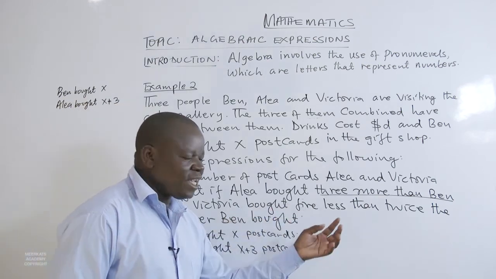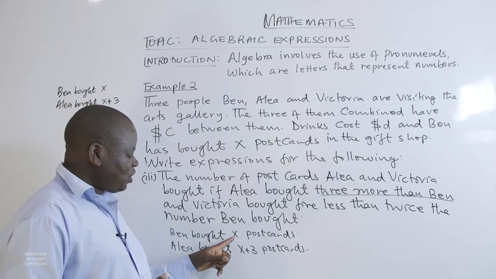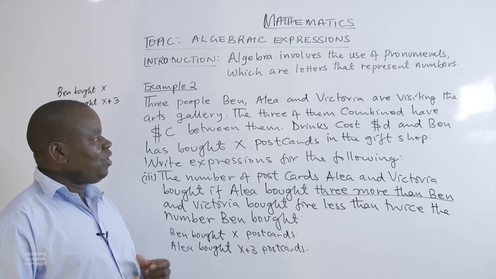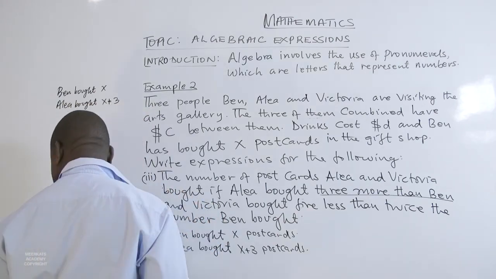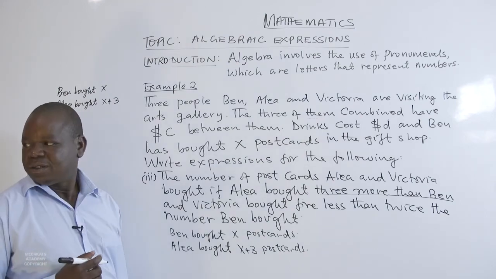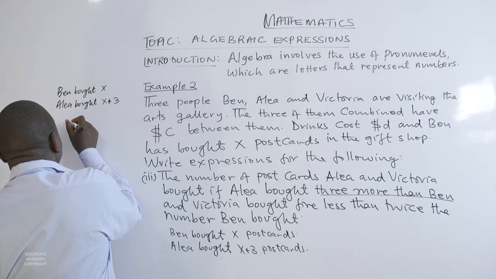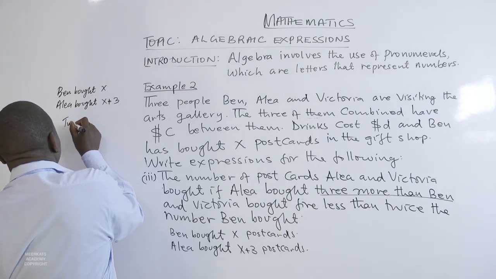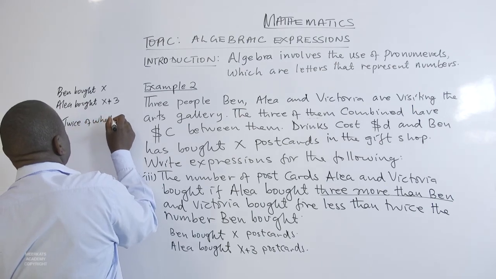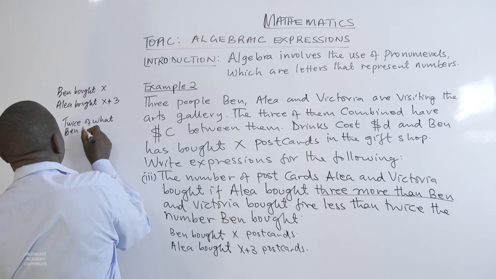So here, what it means is we get what Ben bought first, and then we get twice of what Ben bought.